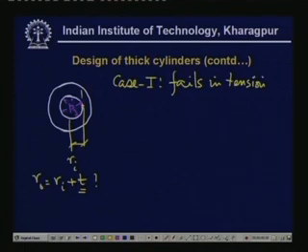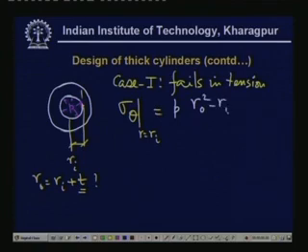Then of course the maximum tensile stress sigma theta will develop at r equal to Ri, which is equal to P times Ro square plus Ri square divided by Ro square minus Ri square. I am sorry, plus in the numerator and minus in the denominator. This is the maximum tensile stress developed, and in the design limit this must be less than or equal to sigma allowable.